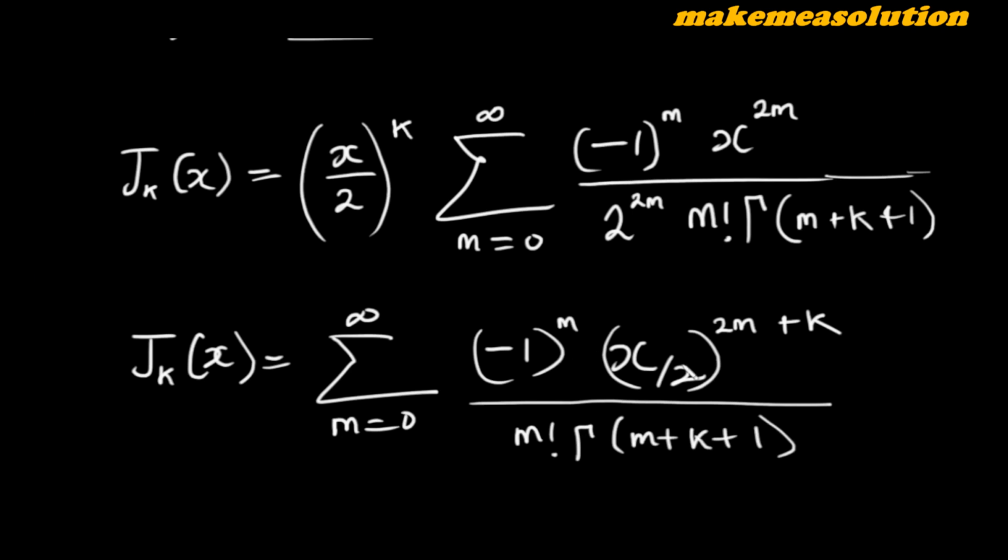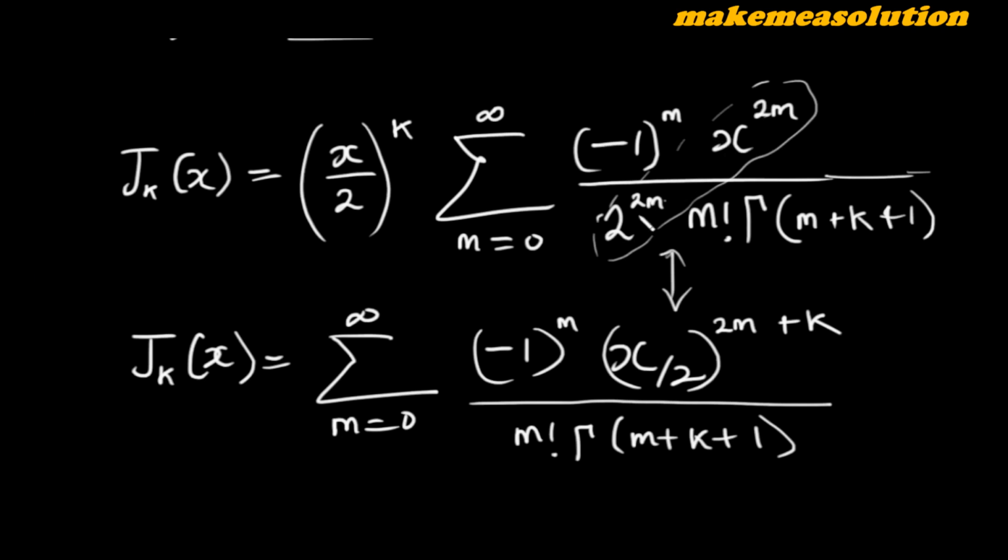Okay, so the idea behind this formula translating to this one is, if you can picture this, these ones have the same indices, that's 2m. So this is (x/2) all raised to the power of 2m.